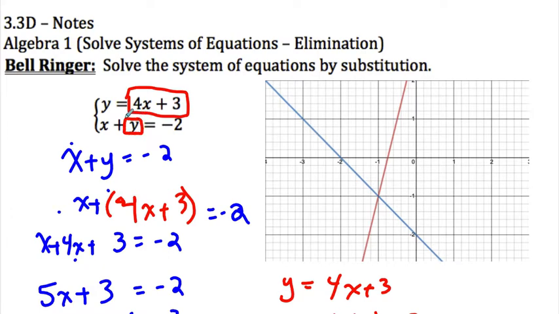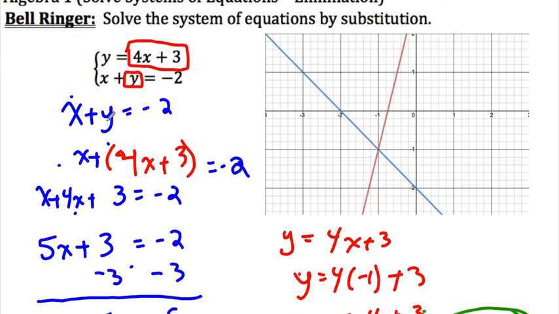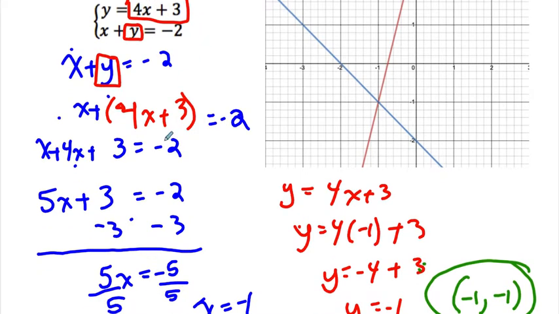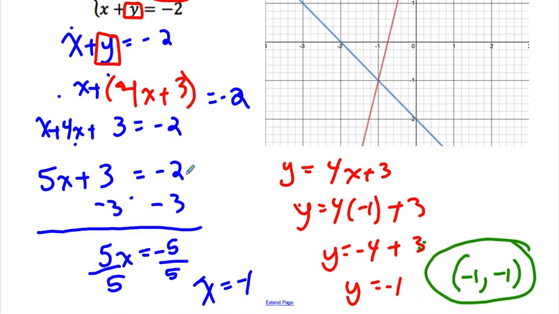I took x plus y equals -2, that bottom equation, and substituted in for y what I know about y, that it's equal to 4x plus 3. I did that so I was left with an equation that had only x's that I could actually solve. If there was anything outside the parentheses, we would distribute it through, but there wasn't. There's a 1 there, but that doesn't change anything, so I brought down the x plus 4x plus 3 equals -2.